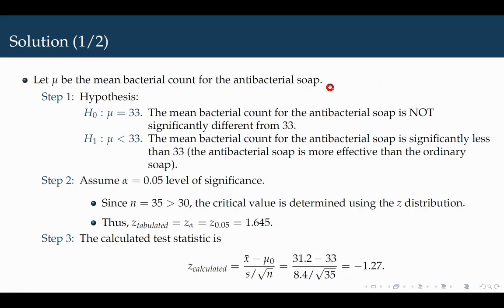We are interested in testing whether this mean bacterial count is significantly less than 33, which is the mean bacterial count of the ordinary soap. So 33 is going to be used as a reference for this new antibacterial soap.